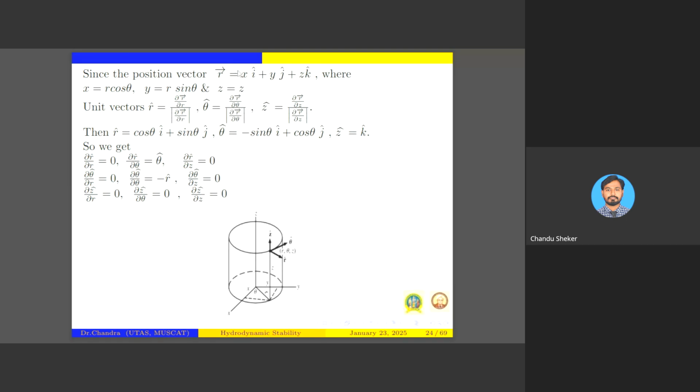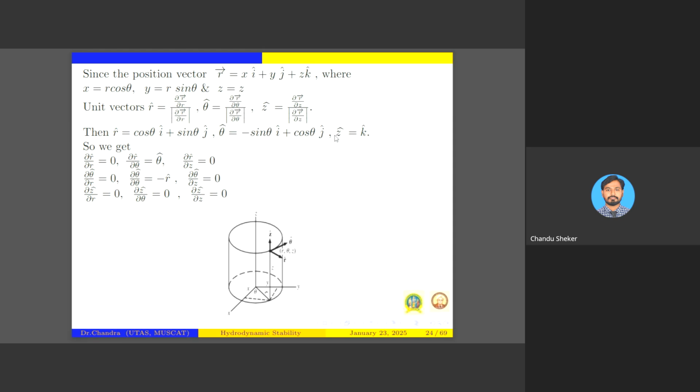The unit vector r cap is defined like dou r bar by dou r divided by modulus of dou r bar by dou r. Similarly, theta cap and z cap unit vectors are defined like this. Using r bar, we can find the unit vectors: r cap equal to cos theta i cap plus sin theta j cap.